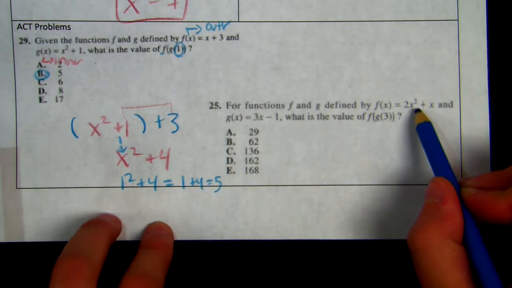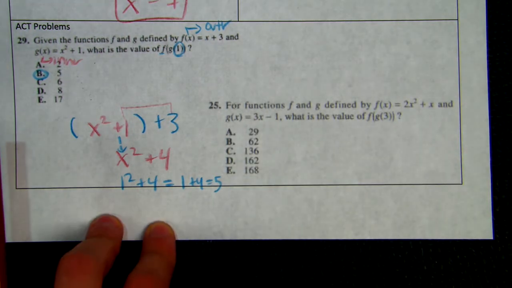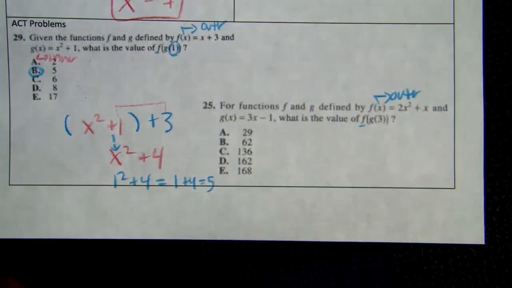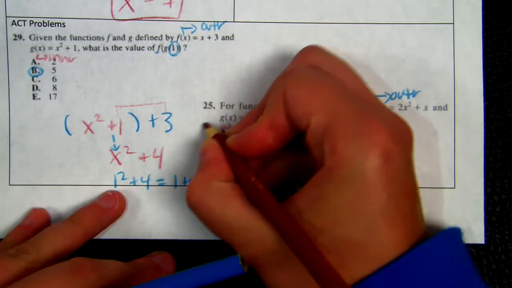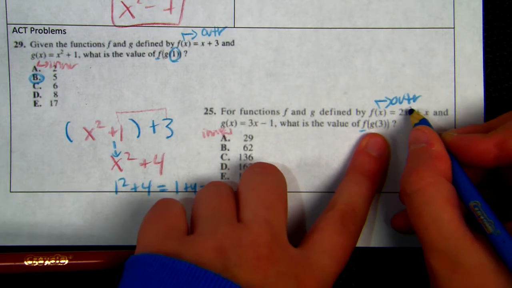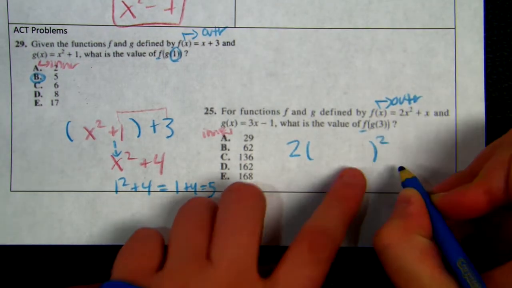So f of x equals 2x squared plus x, and g of x equals 3x minus 1. What is the value of f of g of 3? So f of x here is my outer function because it comes first. g of x is my inner function. This one's a little bit tricky because, reminder, we have to plug in g of 3 every time we see an x. So I'm going to leave my blanks. I'm leaving a blank for that x.